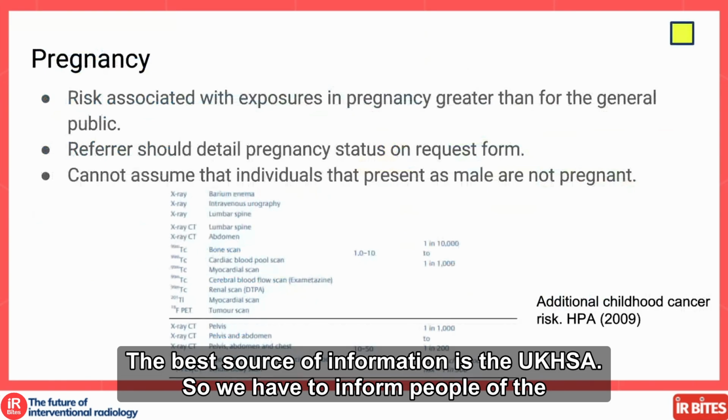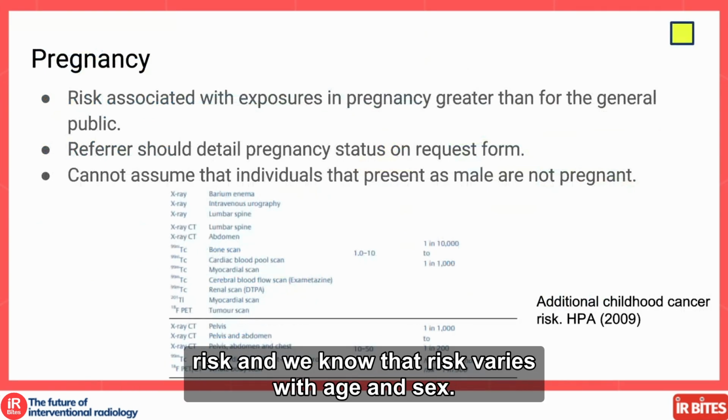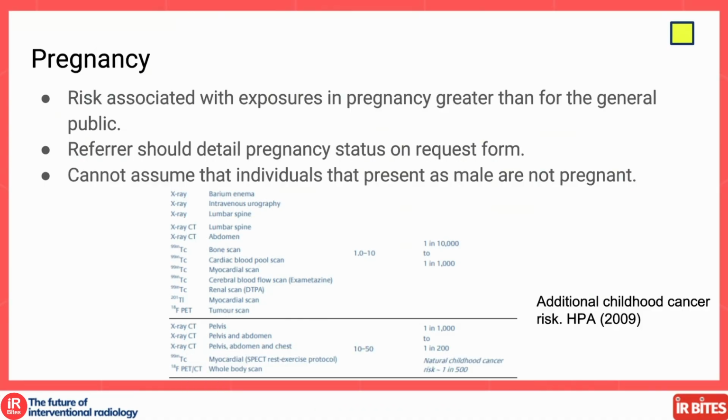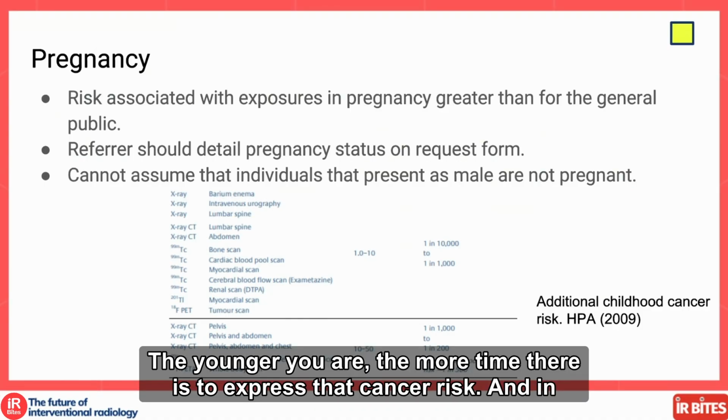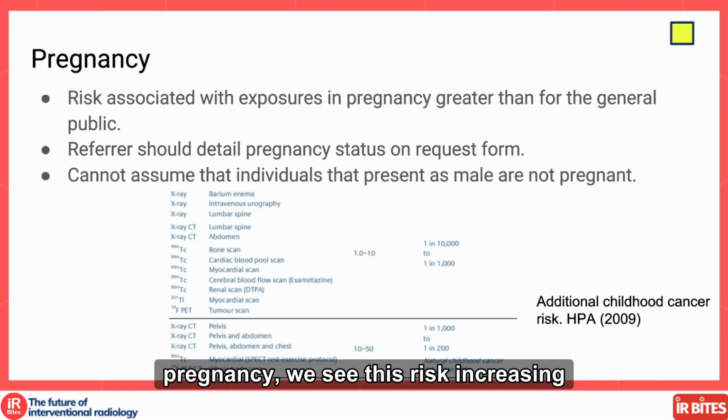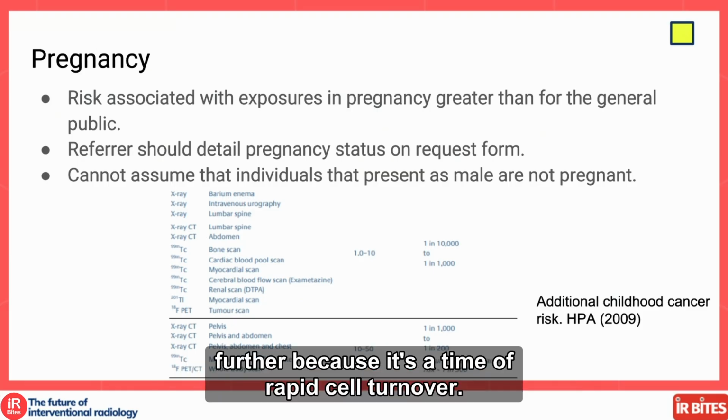So we have to inform people of the risk, and we know that risk varies with age and sex. The younger you are, the more time there is to express that cancer risk. And in pregnancy, we see this risk increasing further because it's a time of rapid cell turnover.